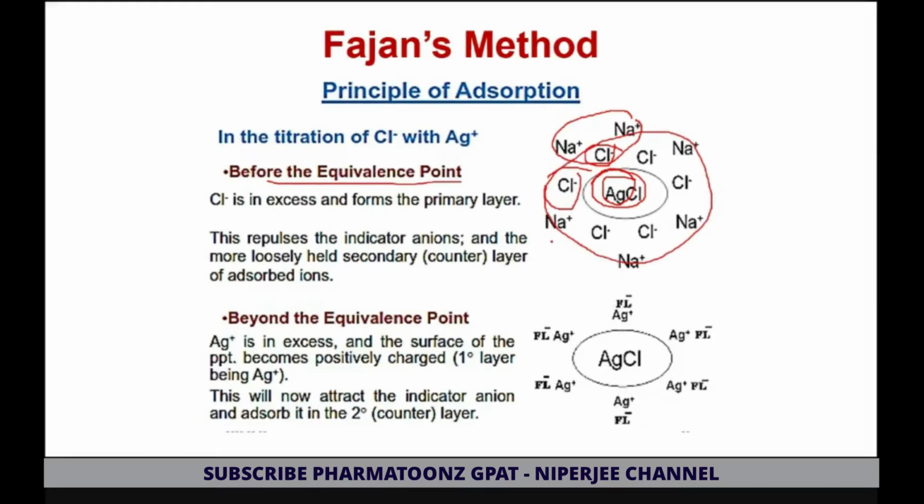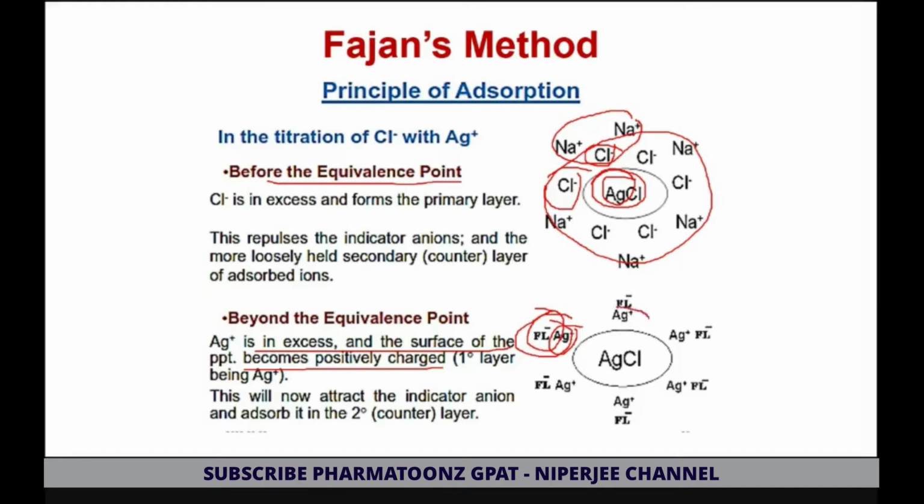The first layer, whatever chloride is there, forms a complex with Ag and the first layer is formed. Then, when we use the indicator, indicators are generally anionic in nature. So whatever Ag plus is surrounding in the second layer of the reagents will form a complex with the indicators. So excess Ag plus on the surface of the precipitate becomes positively charged.